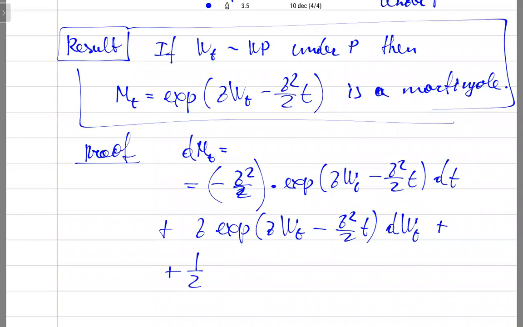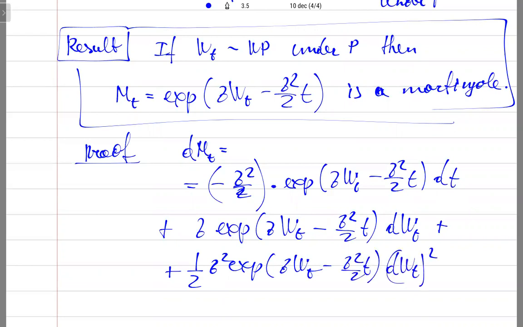If I take the second derivative, I will get sigma squared exponent of sigma W_t minus sigma squared over 2 t times dW_t squared.